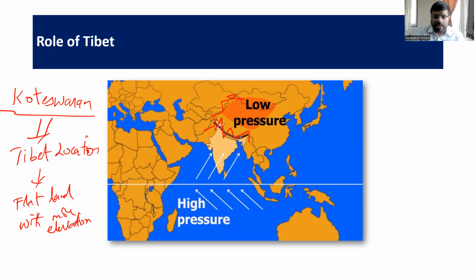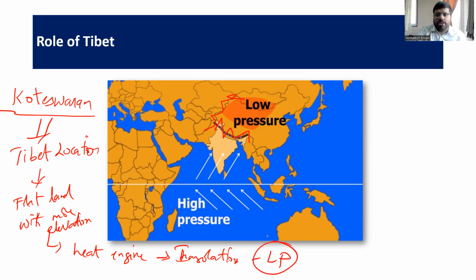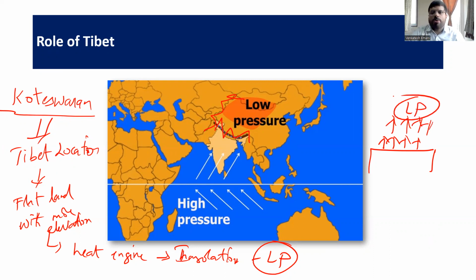So naturally, it acts like a heat engine, which gathers more insolation, and it will develop a low pressure area. So what happens? Tibet gathers more heat, the air particles rise, keep on rising, low pressure.